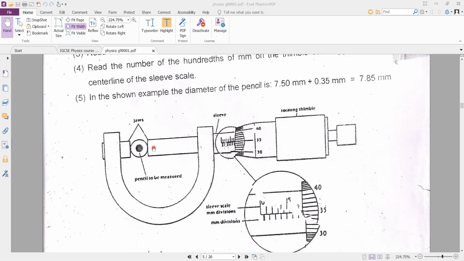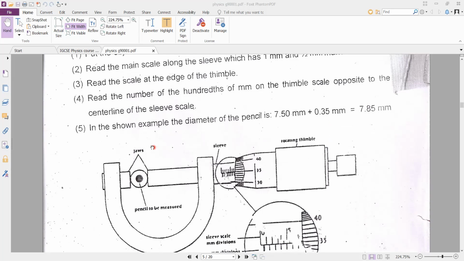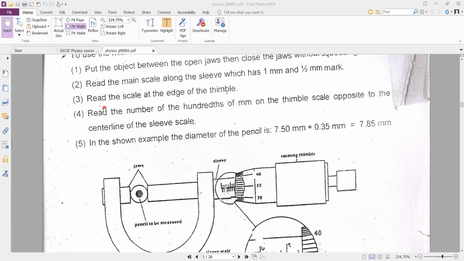Otherwise we may damage the structure or the surroundings of the sphere or object. Take care when we close the two jaw. Correct? This is number 1.